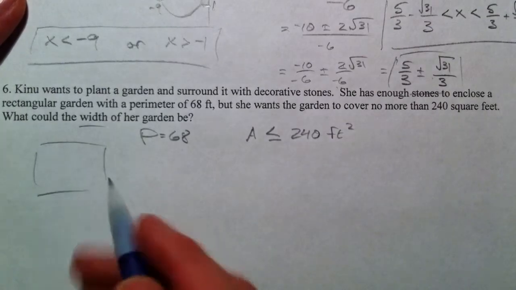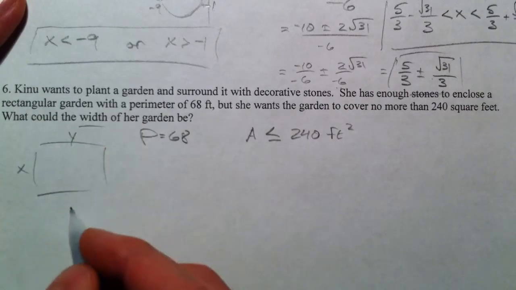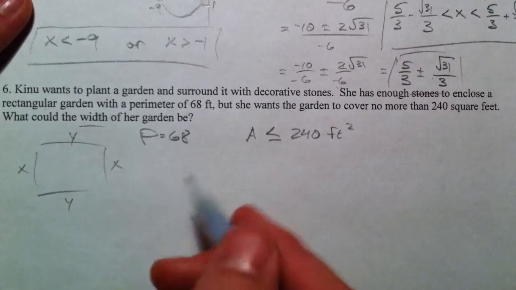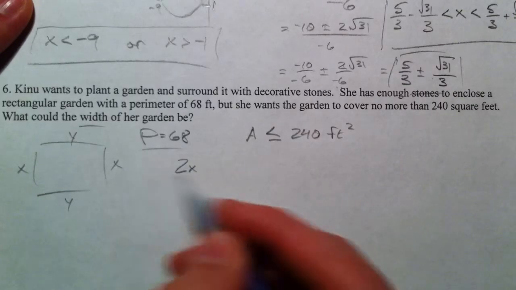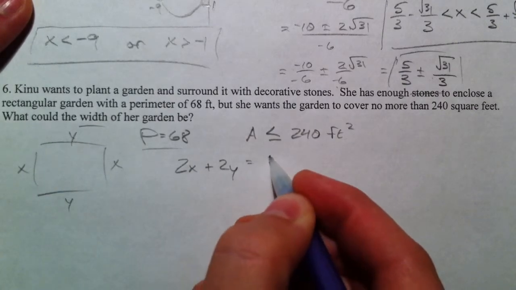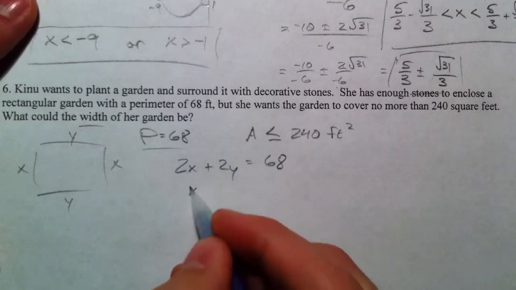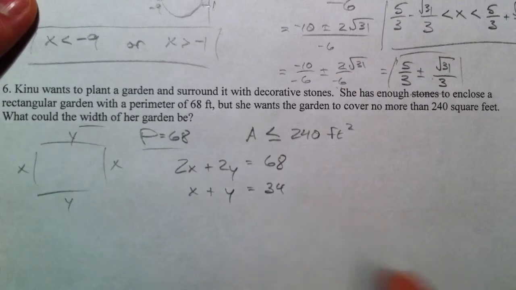So remember we have some width and some length, x and y. Based on the perimeter, we have 2 x's and 2 y's equaling 68. Or in other words, if you divide by 2, x plus y equals 34.